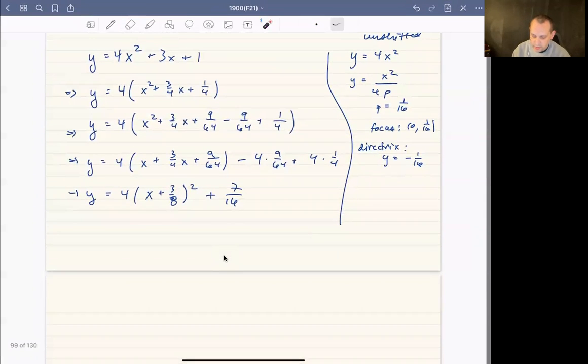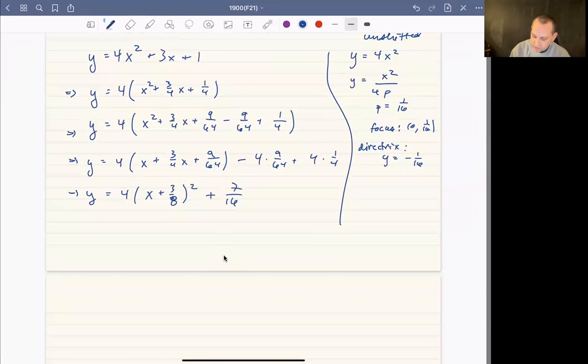We're shifting our x values to the left by 3/8 of a unit, and we're shifting up by 7/16 of a unit. Just to be clear about why this happens, here we're adding values to x. Here we're subtracting values from y, because if you were to move this to the other side of the equation, this would be y minus 7/16. So really you're going up 7/16 units.